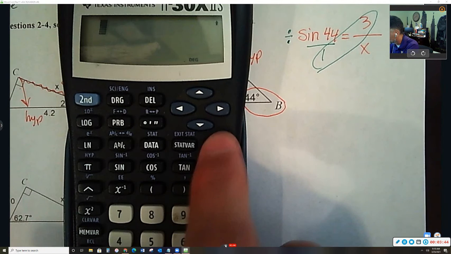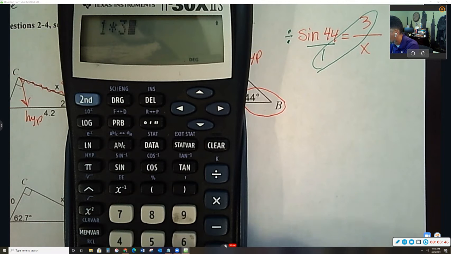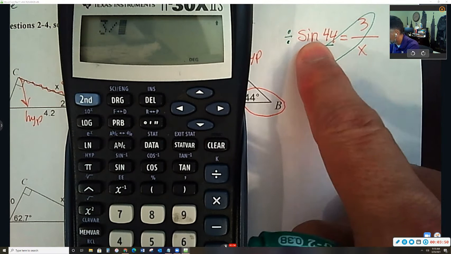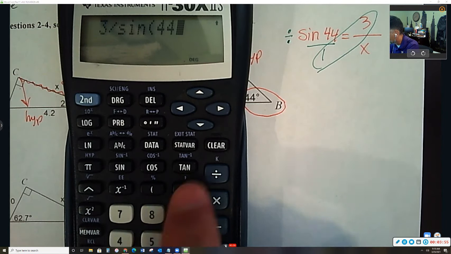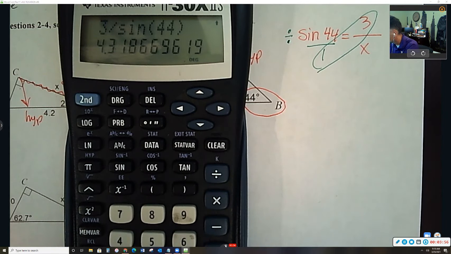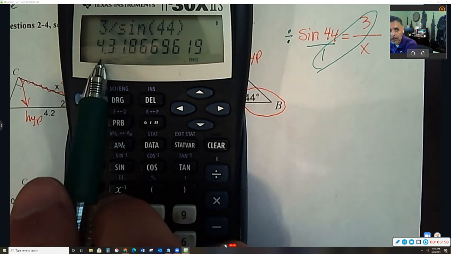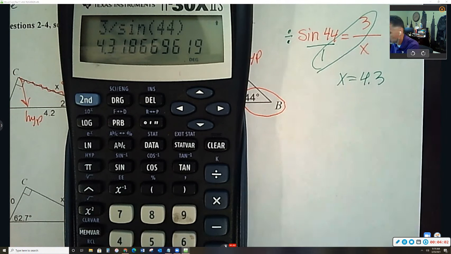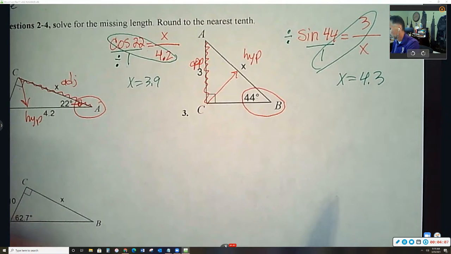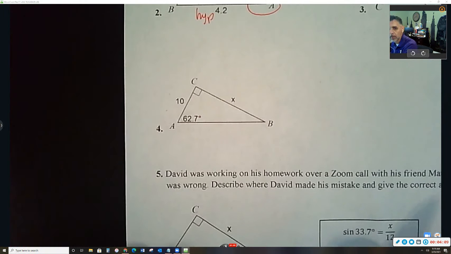So when we type this in the calculator, 1 times 3, I could have just written 3 because I know that's 3. 3 divided by sine of 44. And there you go, you get 4.3. Okay. Pause it, I'm going to move on.